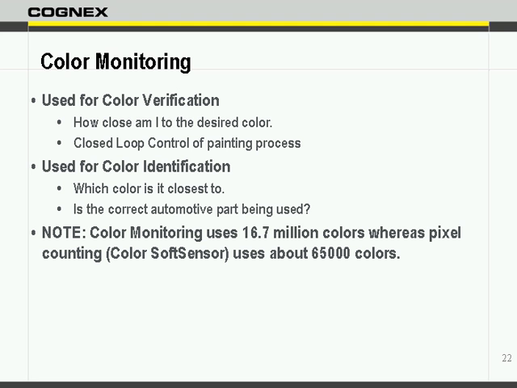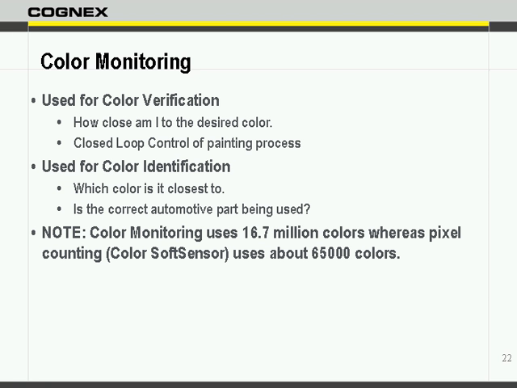The reason for that is that the color monitoring tool identifies the average color in a region of interest. So the average color in a region of interest has to be very consistent from part to part, so that we can distinguish, let's say we're using this color monitoring for color verification.